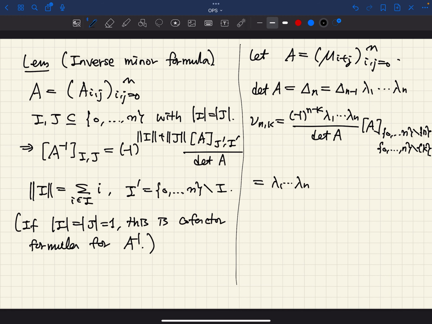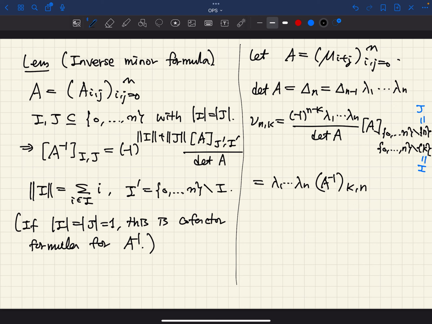Let's pull out this common factor, and we can use this. That means A inverse: here this is J, this is I, so this is J prime, this is I prime. I and J both have size 1, so this is nothing but k comma n.